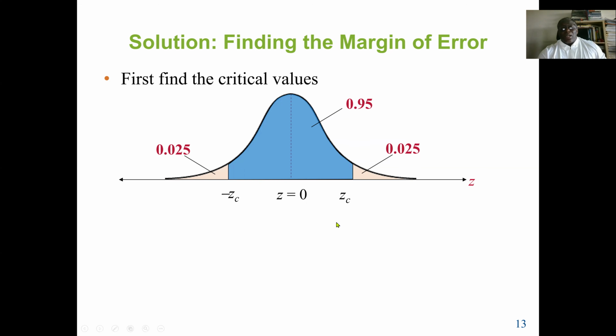So we got the diagram correctly. Our goal now is to find the critical values here. So we go to our Z table, or the standard normal table, and we find the value to be 1.96. The positive side again is 1.96.